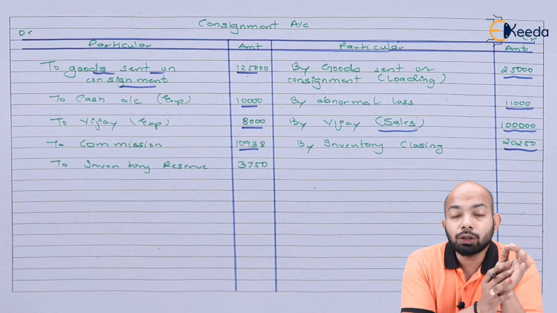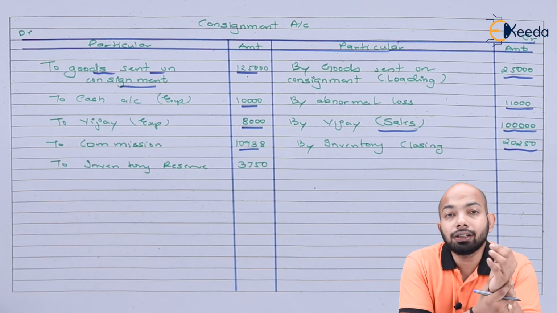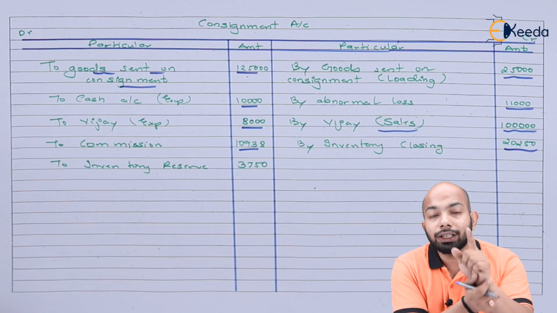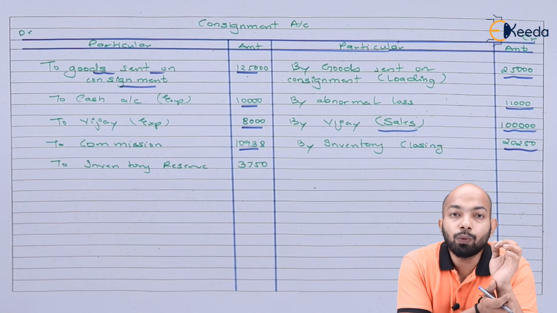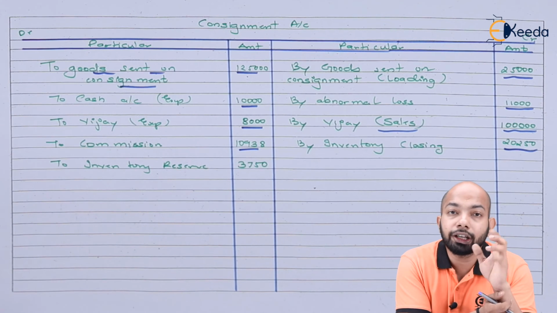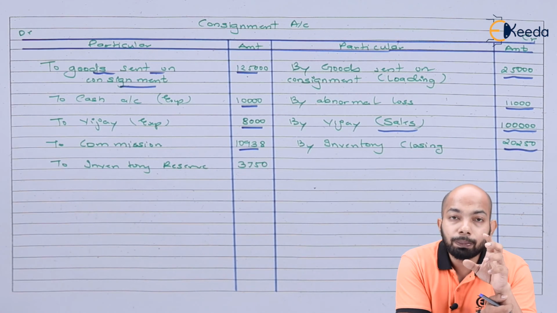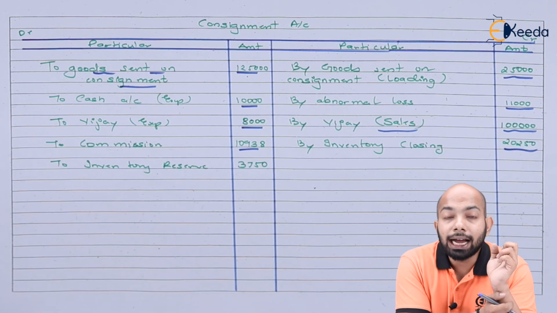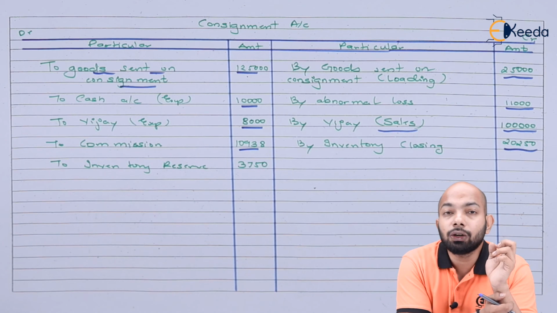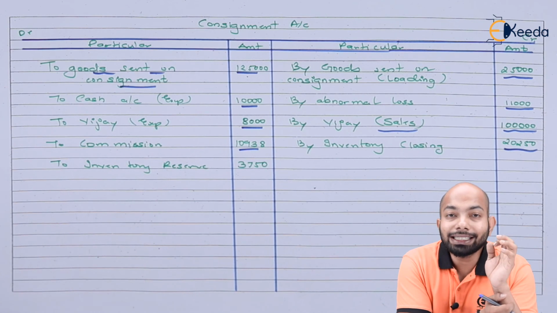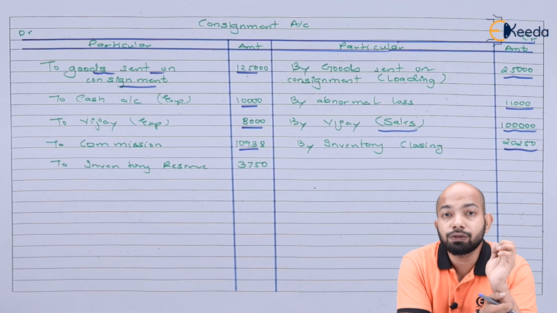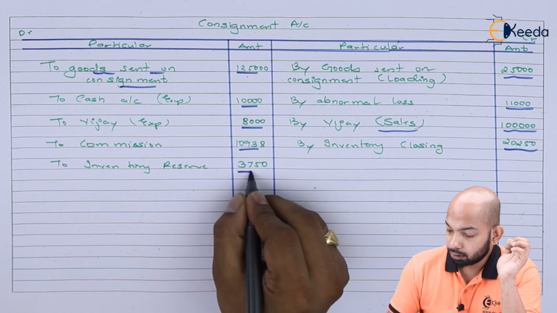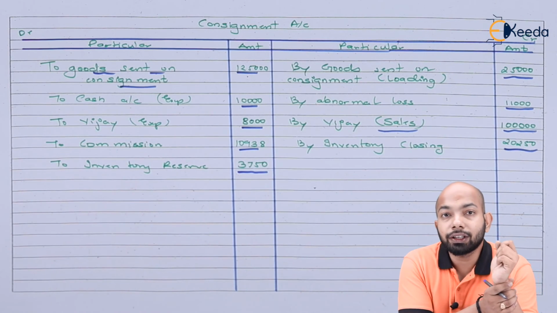Now valuing this closing stock, we figured out there is a loading charge. When you know that there is a loading charge, an inventory reserve is created for the difference between the loaded price and the actual cost price of it, that is 18,750. So that is 3,750 that was figured out. That will be on the debit side of the consignment.